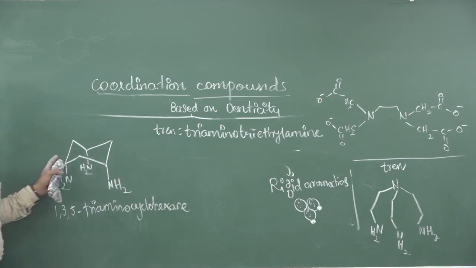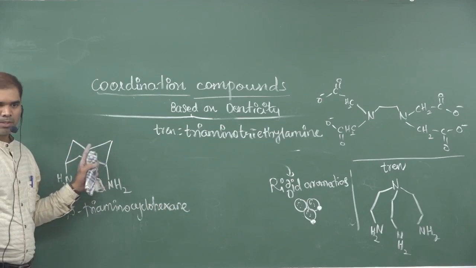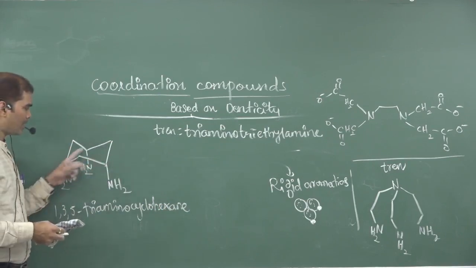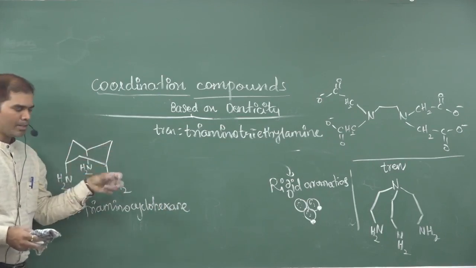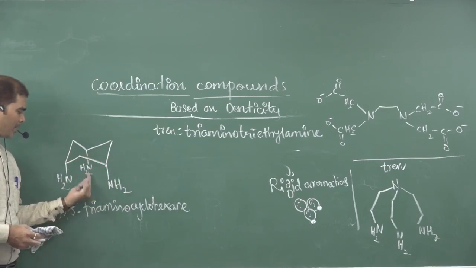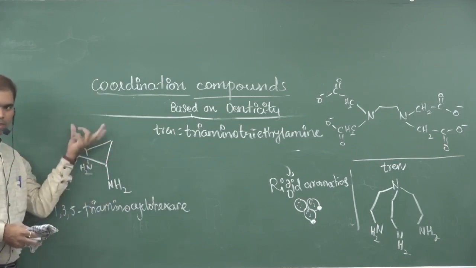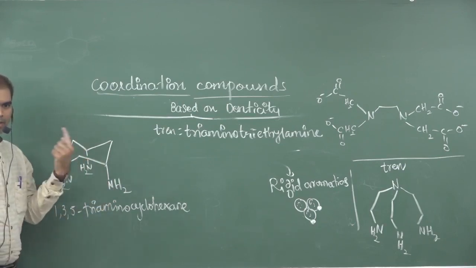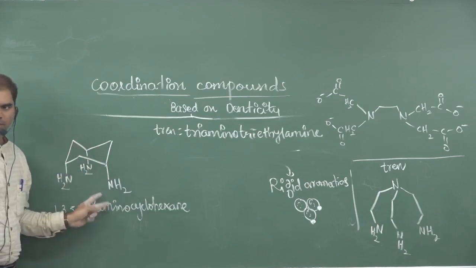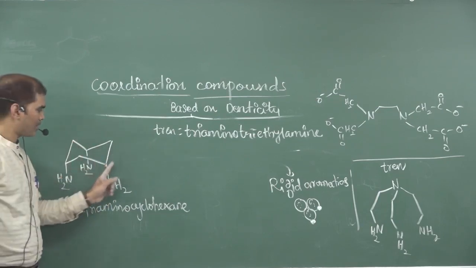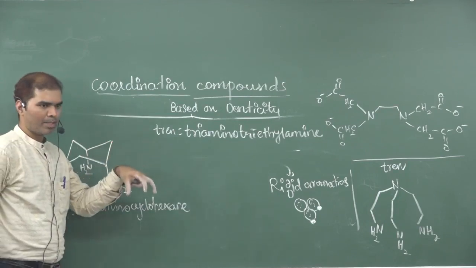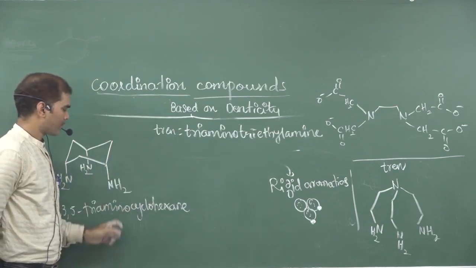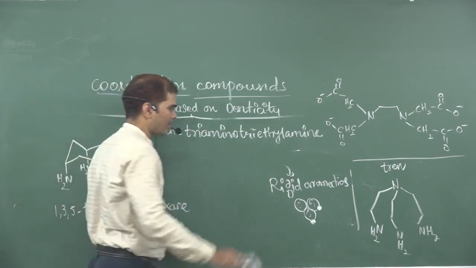What type of ligand is it? It is also a podal type of ligand. There is a cyclohexane through which 3 amines are hanging. So if there is a metal, that metal can coordinate to the 3 nitrogens of this cyclohexane, and another cyclohexane will also come. It will again bind to the 3 more nitrogens. The coordination number will be 6. When you have 2 such ligands, coordination number will be 6, because this is a podal ligand, 3 nitrogens are hanging from it. This is a second example along with tren.